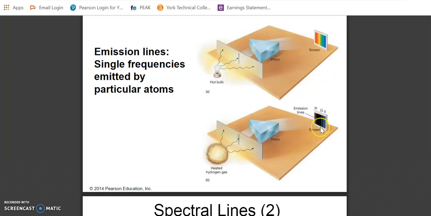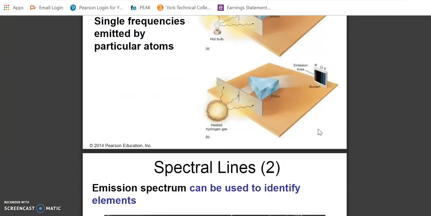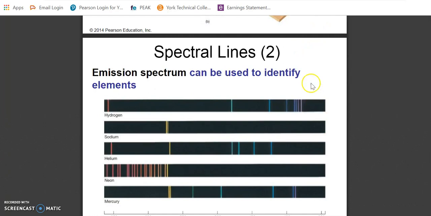Hydrogen has 4 lines in the visible part of the spectrum. They're well known, and have been known for a very long time, since the 1860s as a matter of fact. They're showing us the various lines from putting different types of gases into a discharge tube and observing the spectra of that discharge tube.